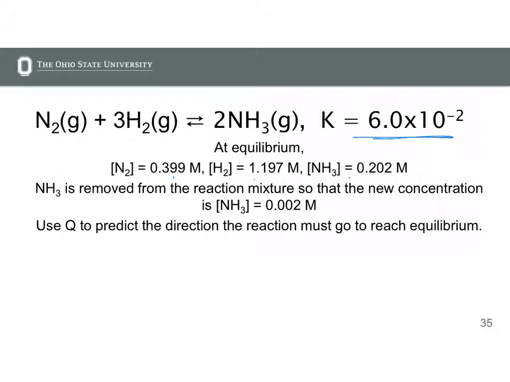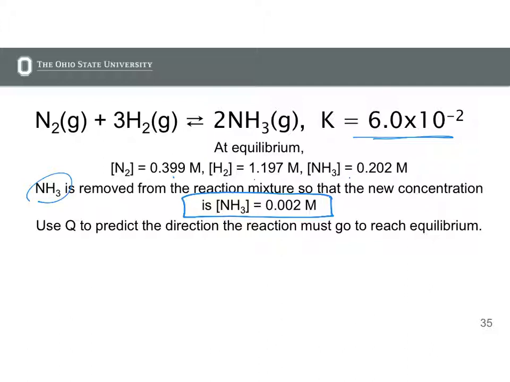Now we're going to remove some ammonia so that we have a new concentration of NH3 of 0.002. I want to find which direction the reaction must proceed in order to reach equilibrium.